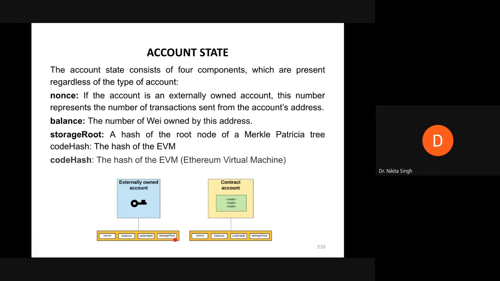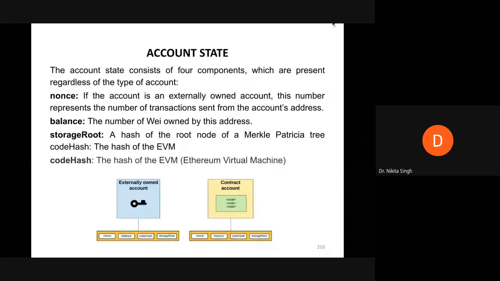So these are the four fields, and both the externally owned account and the contract account will have these fields. So this is all about the accounts and the fields of the account, the two accounts, the externally owned account and the contract account, and the information that is present inside the account.